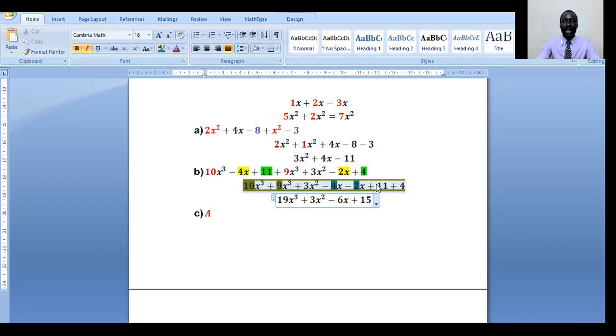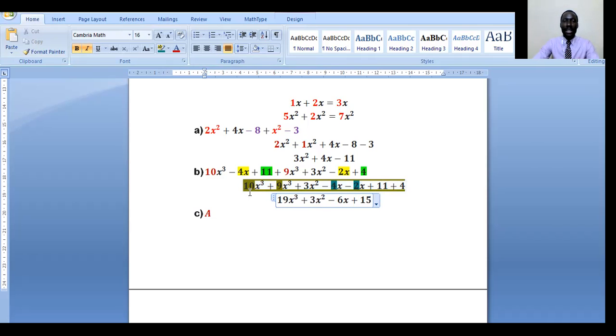Now notice that after grouping the like terms, getting the x cube and the x cube together, the x squared and the x squared together, the x and the x together, and the constants together, you can now add the number standing in front of the variables, which we call the coefficient.